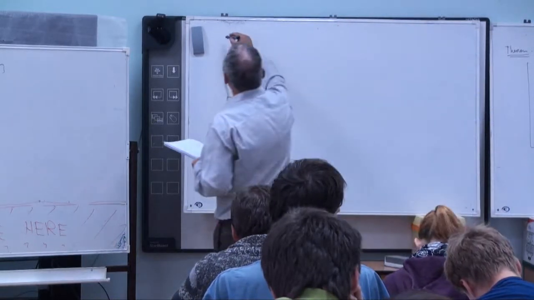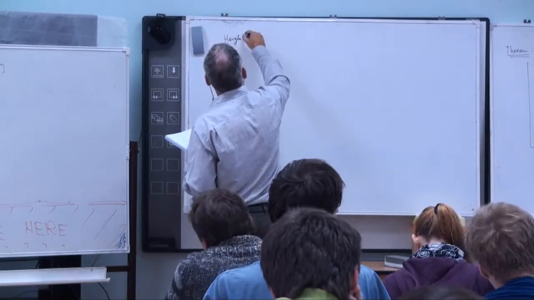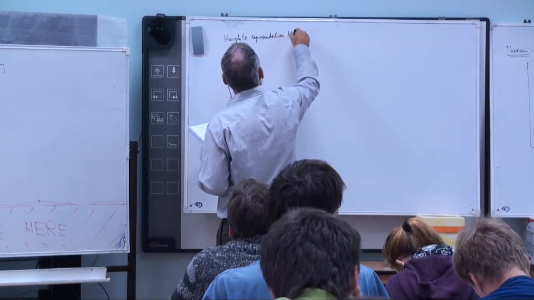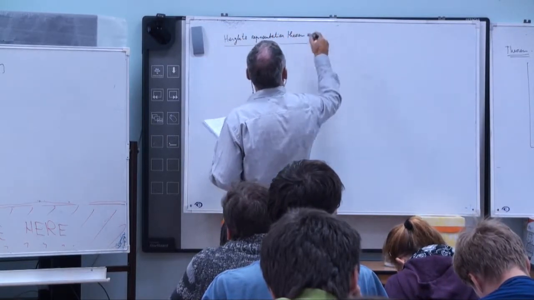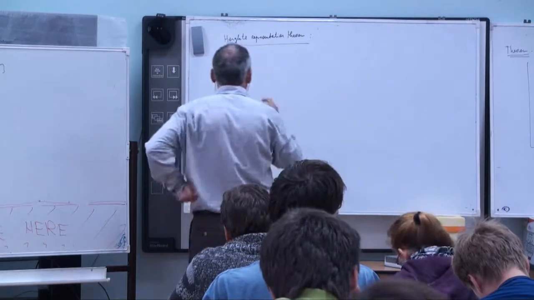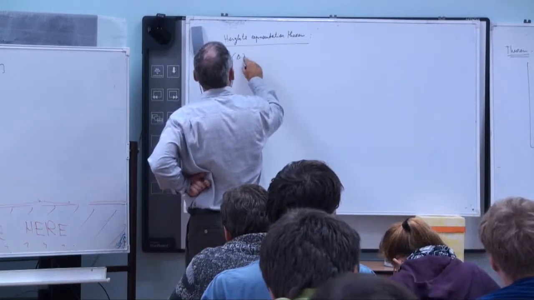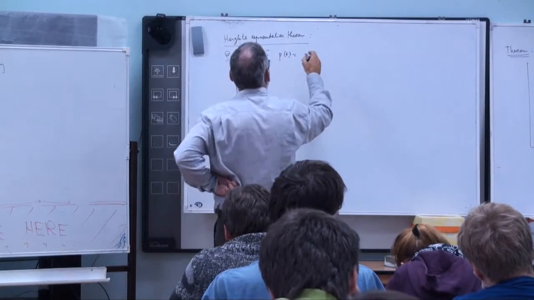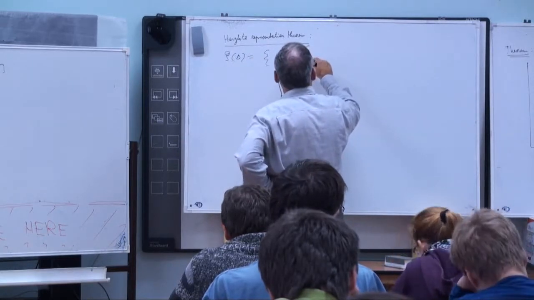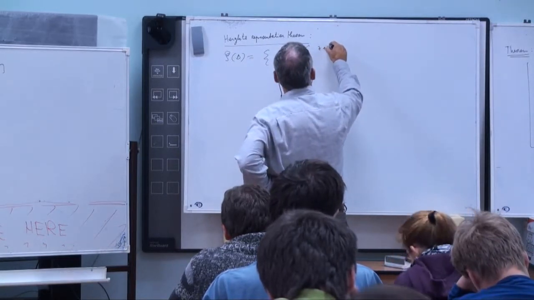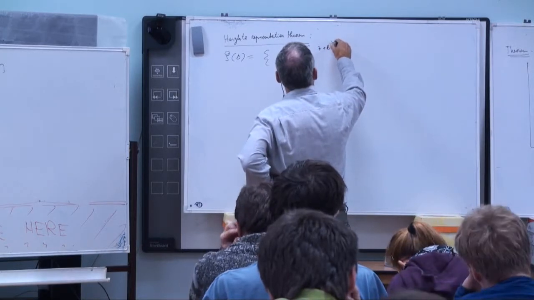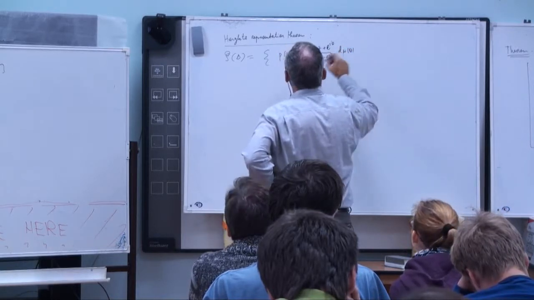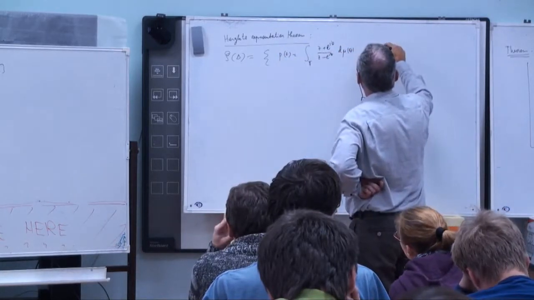So, Herglotz representation theorem: P of delta is precisely the set of functions P of z of the form integral over the circle of (z plus e to the i theta) divided by (z minus e to the i theta) d mu of theta, where mu is a probability measure.